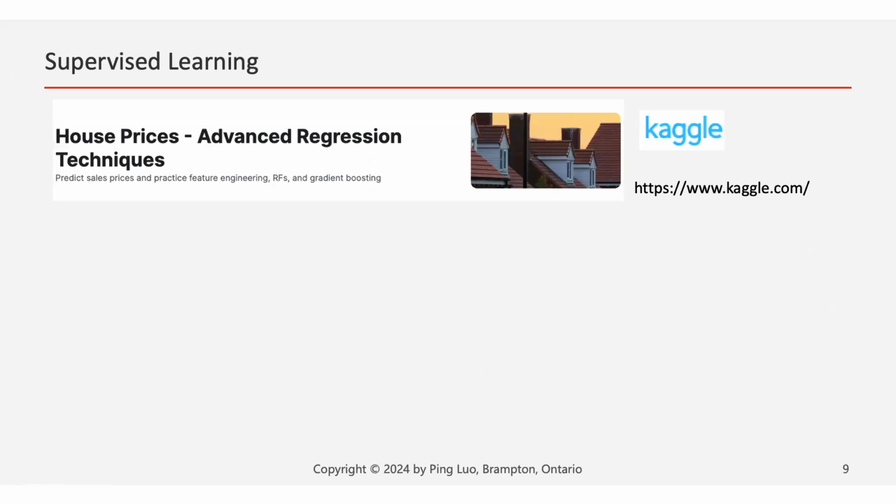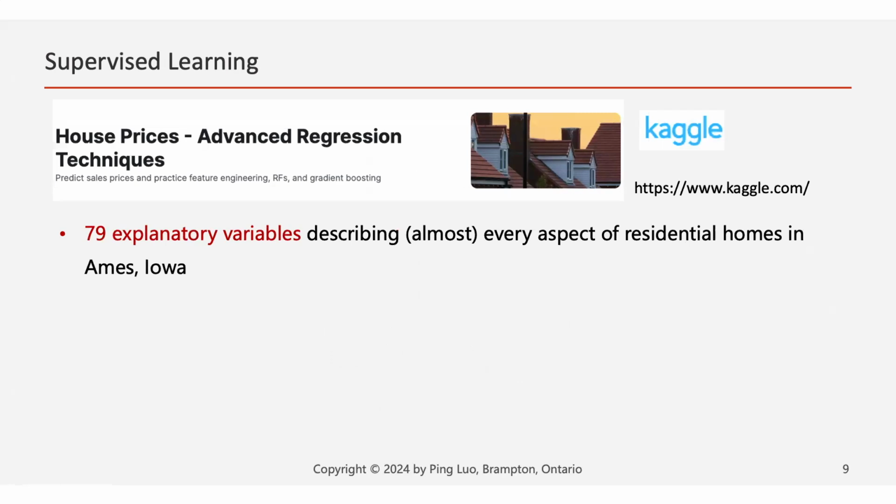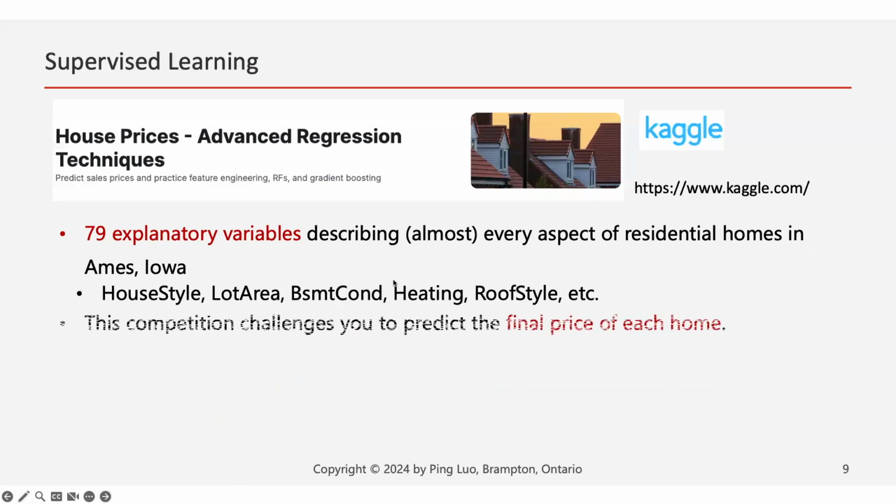For each house, they measure 79 features, like the location and the size and the format of the house. And of course, each house has a price. You can give all the data to the model, and the model can then predict the final price of each house. So this kind of problem we call a regression problem.